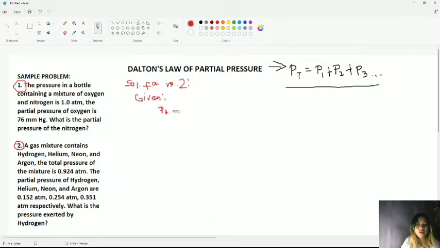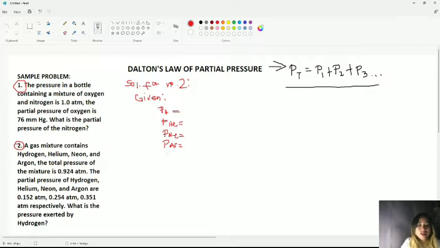P sub H is partial pressure of hydrogen, and P sub He para kay helium, and P sub Ne para kay neon, and P sub Ar para kay argon or partial pressure ng argon.